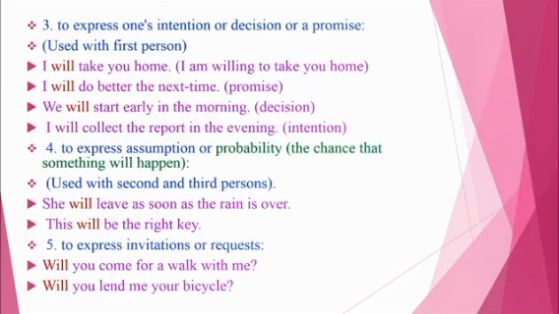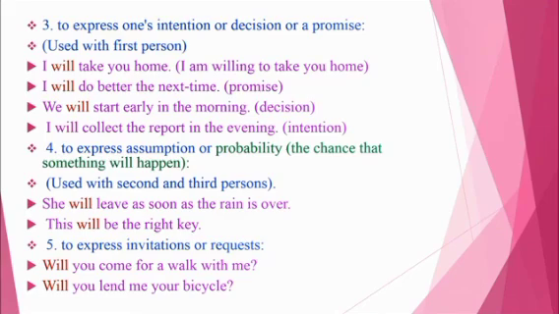The third usage is that will is used to express one's intention or decision or a promise. Will is used with first person. Now let's see some examples. I will take you home. This sentence refers to: I am willing to take you home.